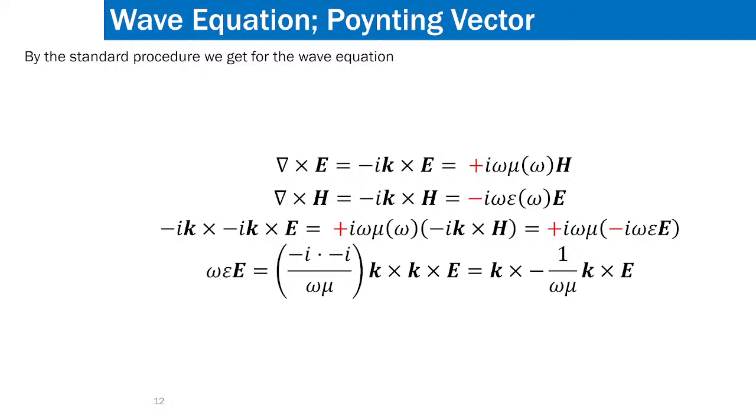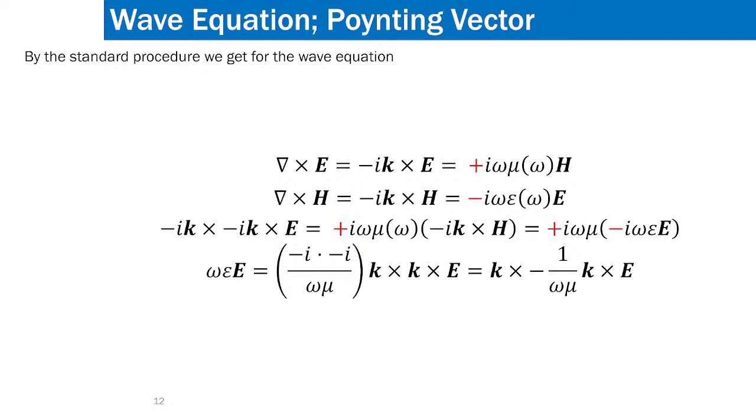On the right hand side, the term is j omega mu into minus j omega epsilon. So plus j into minus j is 1. Omega into omega is omega square. That is omega mu into omega epsilon into E.